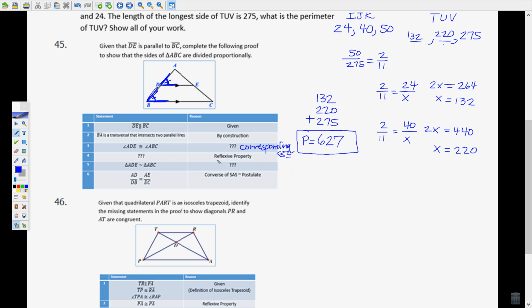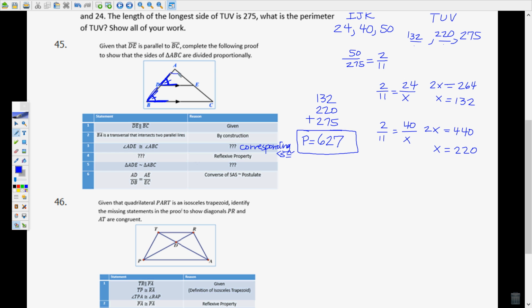And then by the reflexive property, what would you say is congruent by the reflexive property? And remember, you are trying to show that the sides of triangle ABC are divided proportionally. So a reflexive property, what angle in here, because when you're proving triangles similar, you want to use the angle-angle postulate or side-angle-side, and we don't know anything about the sides, so we must need another angle.